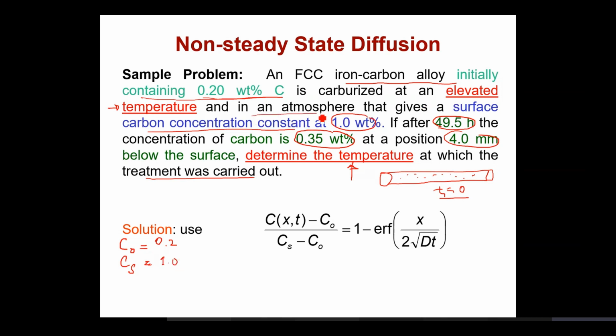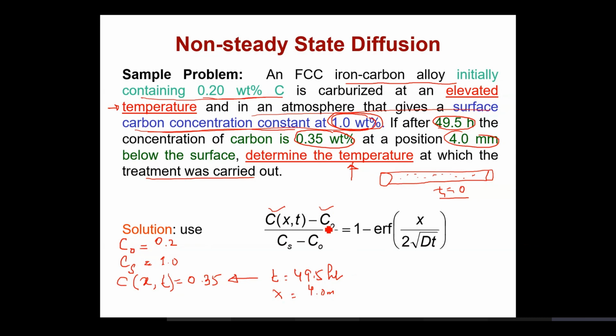It is exposed in an atmosphere that gives a surface carbon concentration of 1 weight percent. And what would be C(x,t)? Sir, 0.35. And this value corresponds to time equals 49.5 hours, and the distance is essentially 4 millimeters.